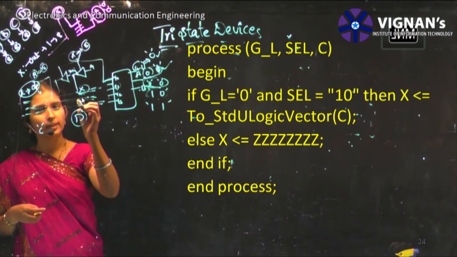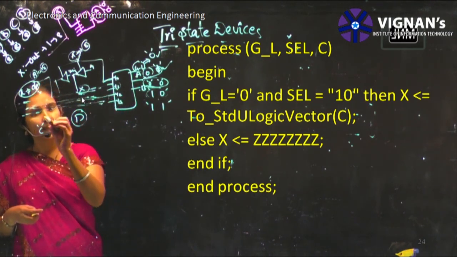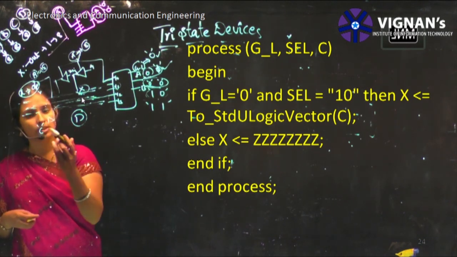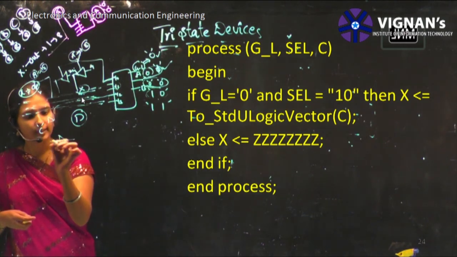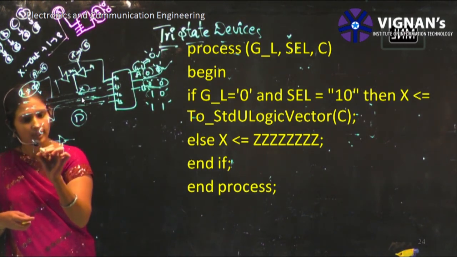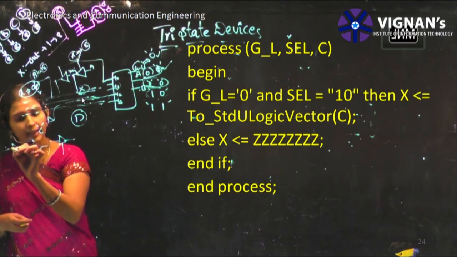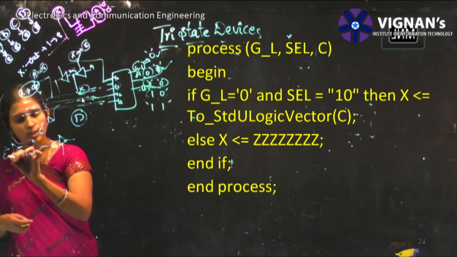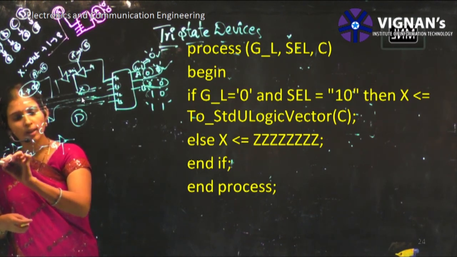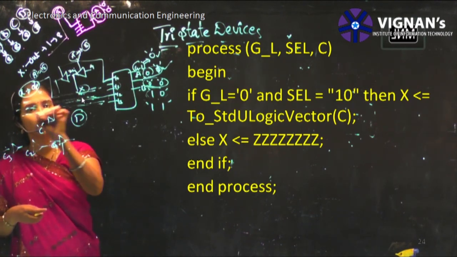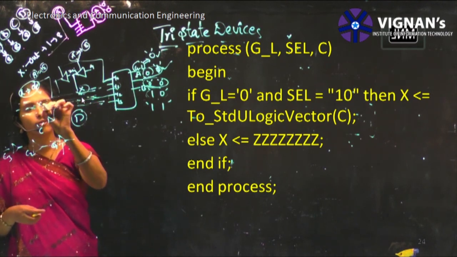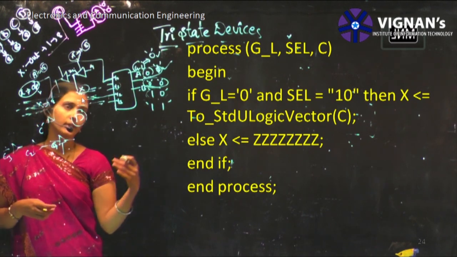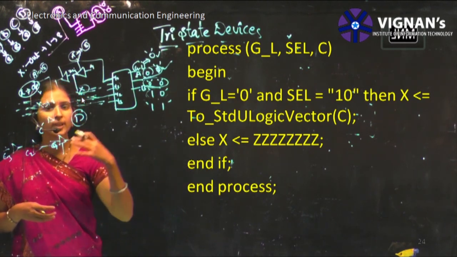Y2 will be activated and given as enable input to data bus C. Here you have 8 data lines, C1, C2, C3, and so on up to C8. All of these, up to C8, will be transferred to X, the bus of length 8. Otherwise, the high impedance state will be assigned to X.